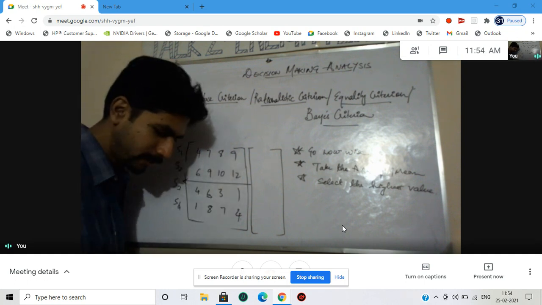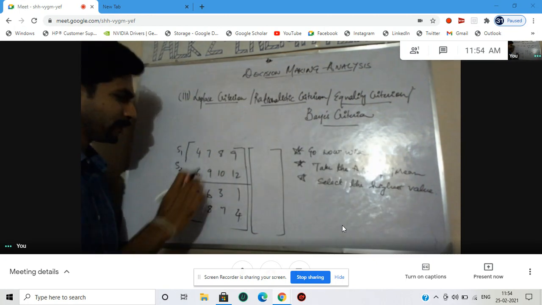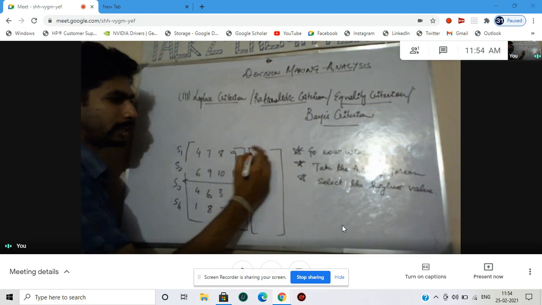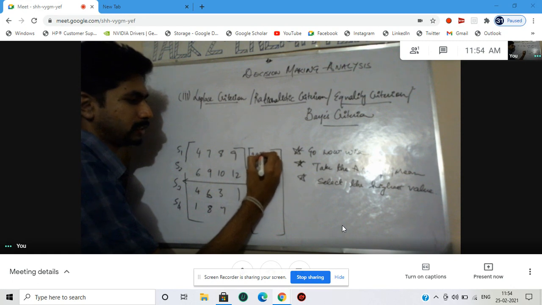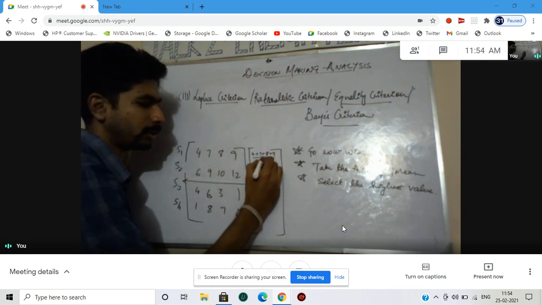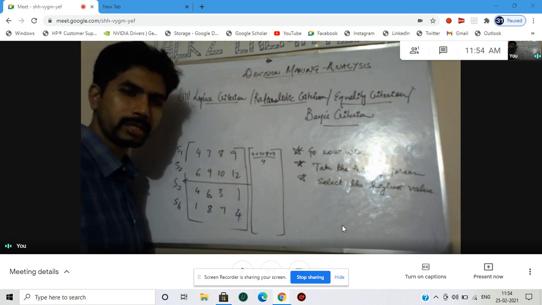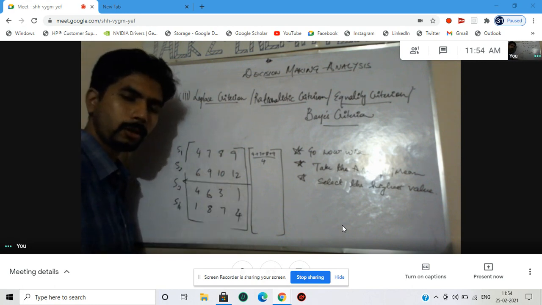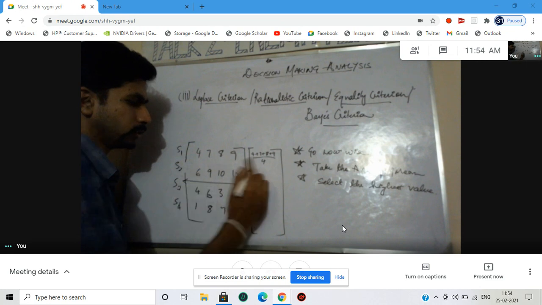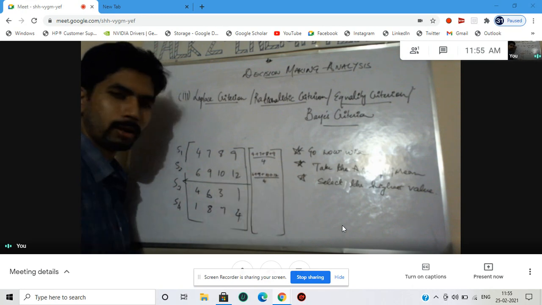Now go row wise. 4, 7, 8, 9. Take the average. So it will be 4 plus 7 plus 8 plus 9 divided by 4. That is how you need to take the average. All right. Do the same thing for all the rows. So it will be 6 plus 9 plus 10 plus 12 divided by 4.